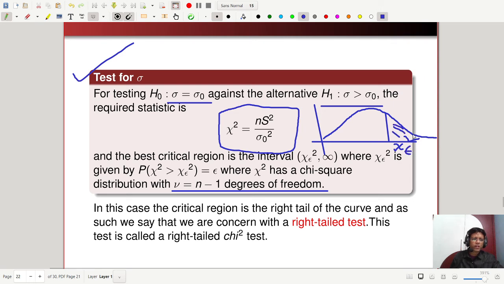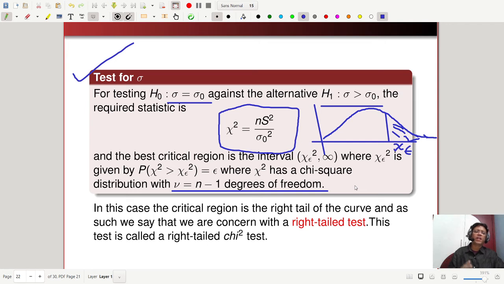And this will be the critical region in this case. This is the critical region. And in this case, you have to do right tail test again. So this is called right tail chi-square test. Where chi-square is a chi-square distribution with n minus 1 degrees of freedom.